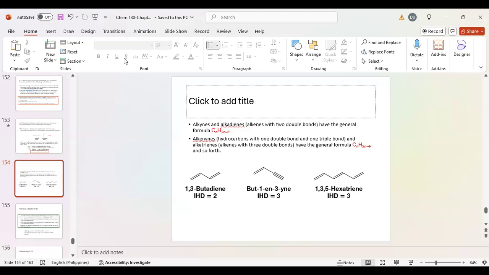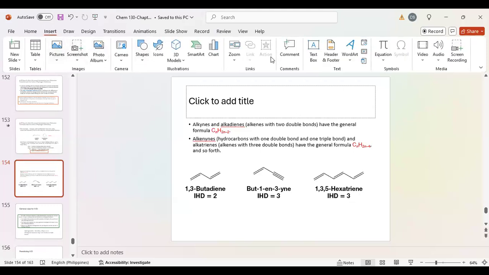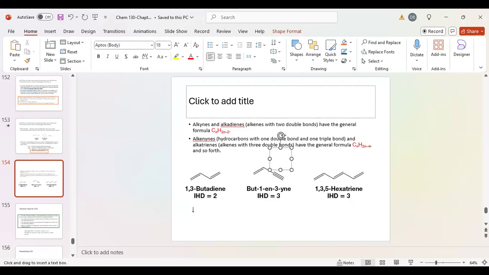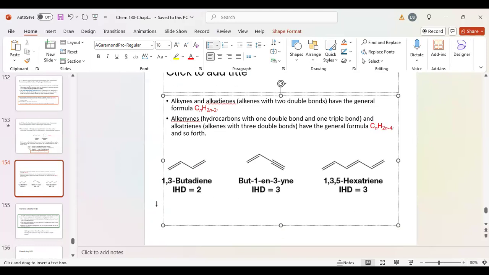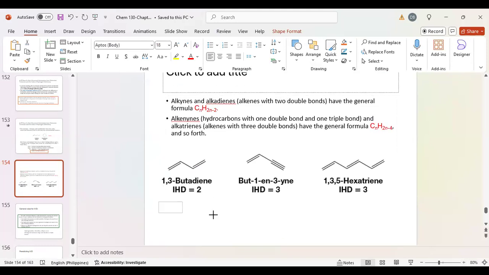You have to calculate for a normal alkane with 4 carbon atoms. So you have the corresponding alkane here, C4H?, with carbons 1, 2, 3, 4.